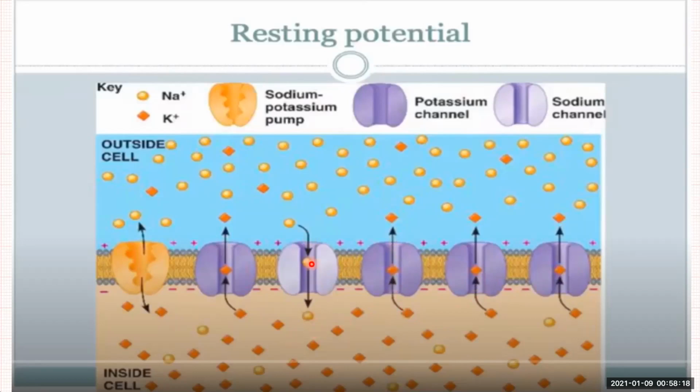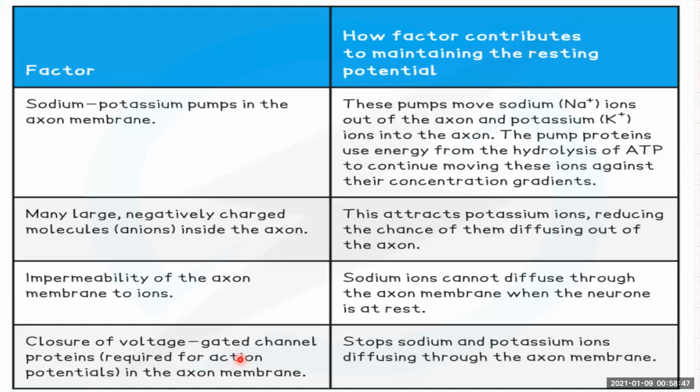Once a sodium ion is inside, it cannot go out. So this membrane is selectively permeable. It doesn't allow sodium to go out, but it allows potassium to go out.